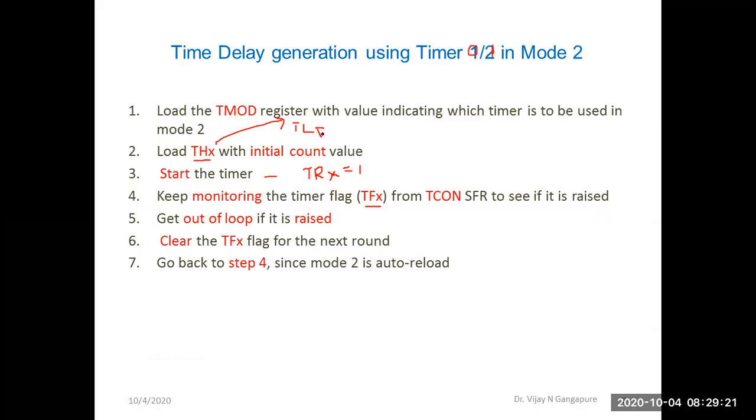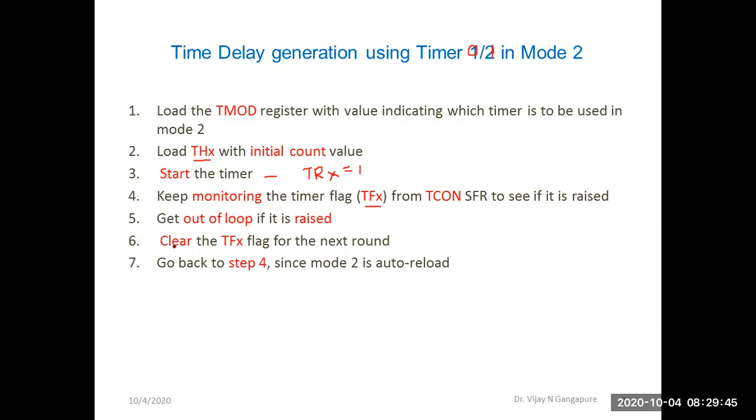Sorry, this pen is not working properly, so let me erase it. Okay, so when the TFx flag bit gets set, whatever value we have loaded into THx will get automatically reloaded into TLx.